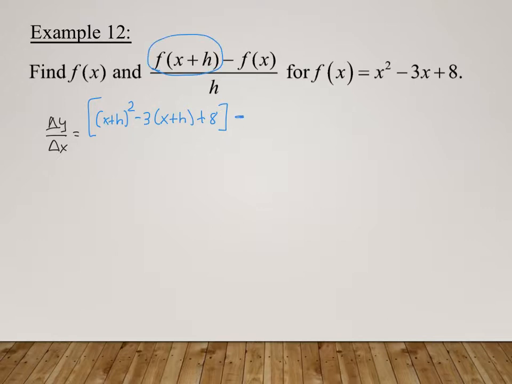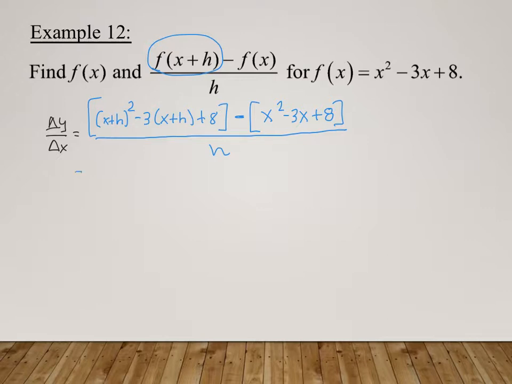Now we're going to subtract off just the regular function, which is x squared minus 3x plus 8, and it's all divided by h.